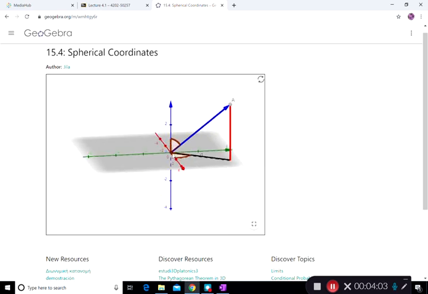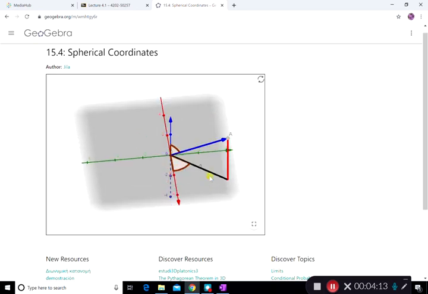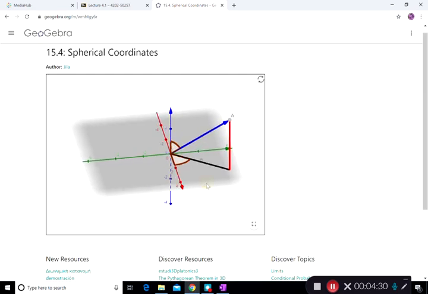The position vector for the projection point and the x-axis make another angle, we call that theta. And the length of the blue vector, the position vector of the original point, that's rho.